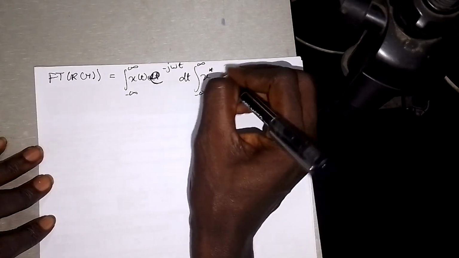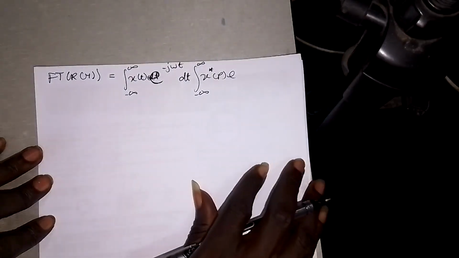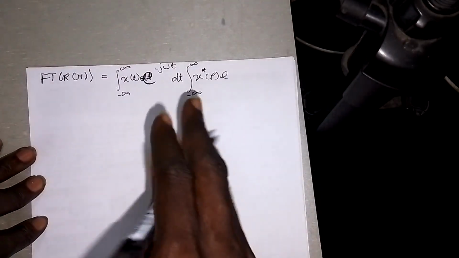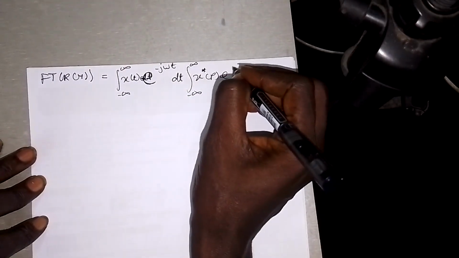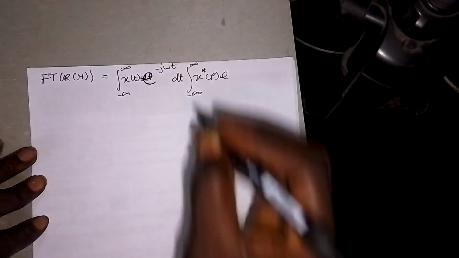The complex conjugate of x(p) into e, into e, which is going to be positive, I think from the previous one.